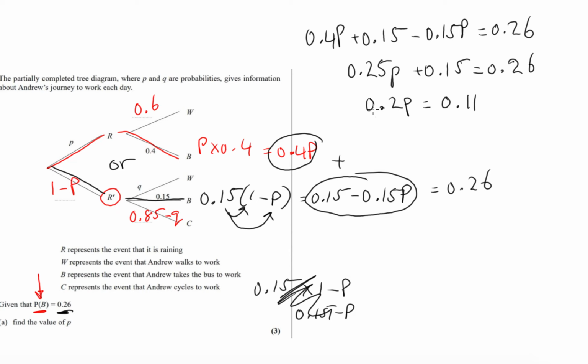Last step, dividing both sides by 0.25, where I should have written 0.25 there, just a mistake. We get P is equal to 0.11 divided by 0.25, which in your calculator you should get 0.44.